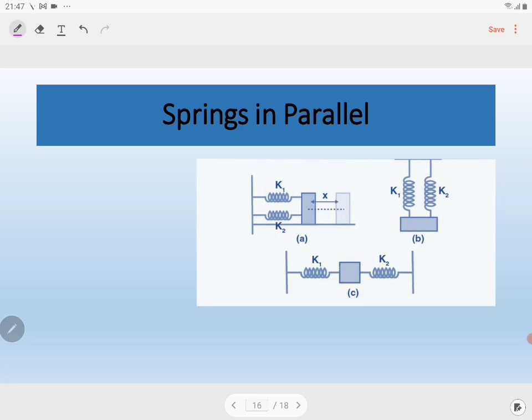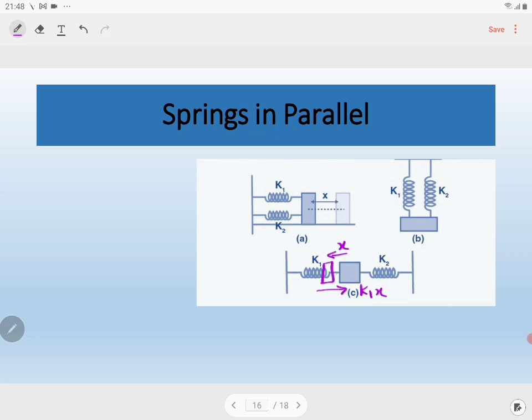Because slightly displace the block towards left or right. So here I displace the block towards left by an amount x. When I displace the block towards left by an amount x, the first spring will get compressed. So the first spring will push the block towards right, with force K1 x.